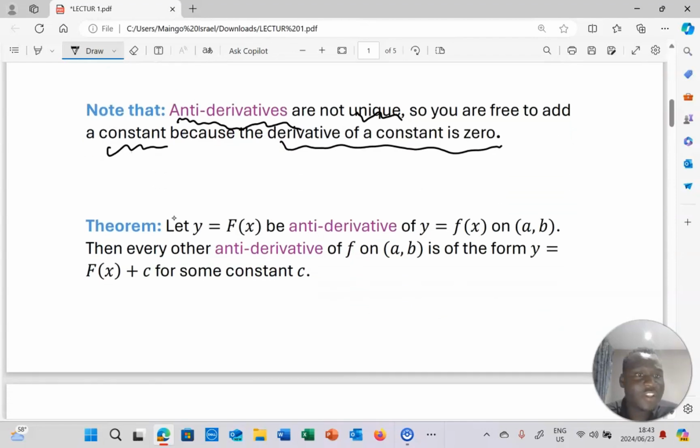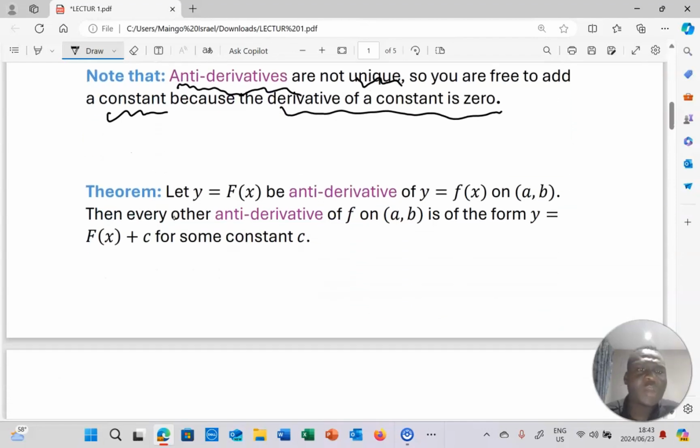So let's go to the first theorem. The theorem says let y equals F of x be an antiderivative of y equals f of x on an open interval (a, b), then every other antiderivative of f on (a, b) is of the form y equals F of x plus c for some constant c.